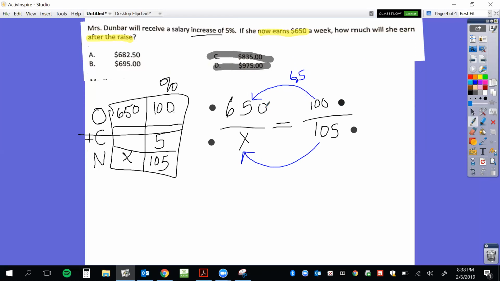Therefore, I need to multiply 105 times 6.5. And if I multiply 105 times 6.5, I get $682.50. Therefore, my answer is A.